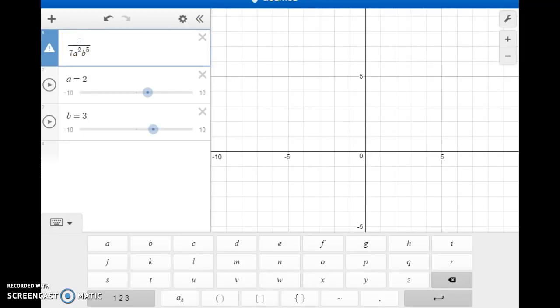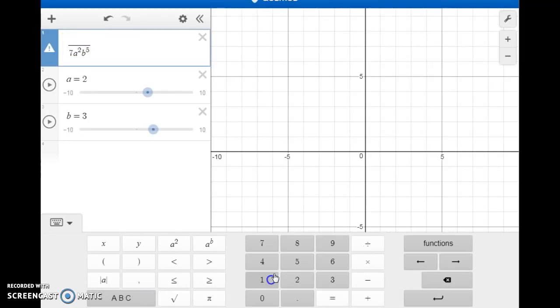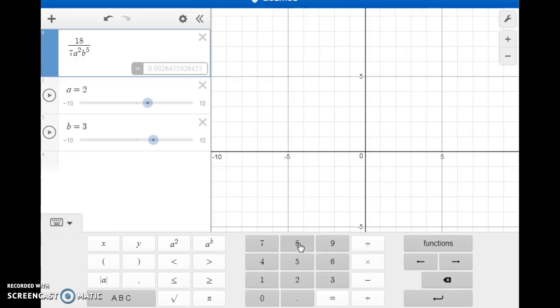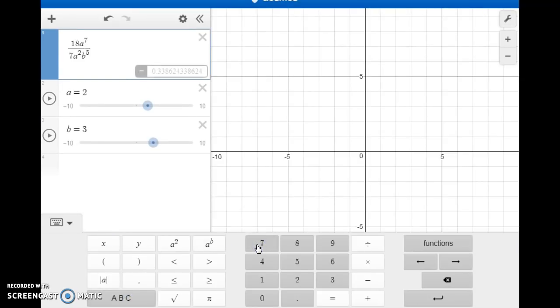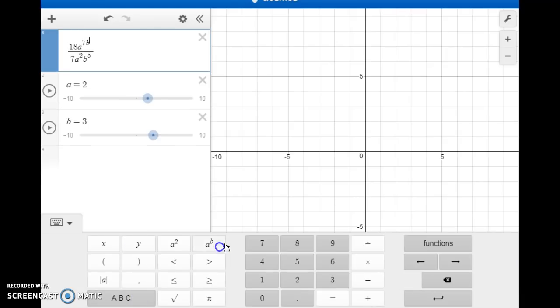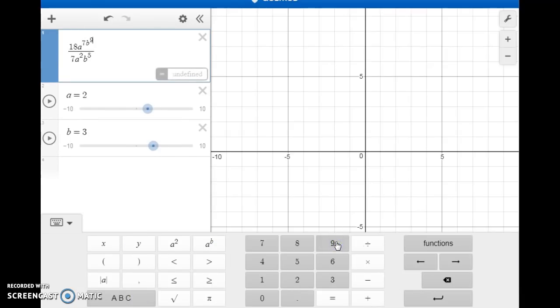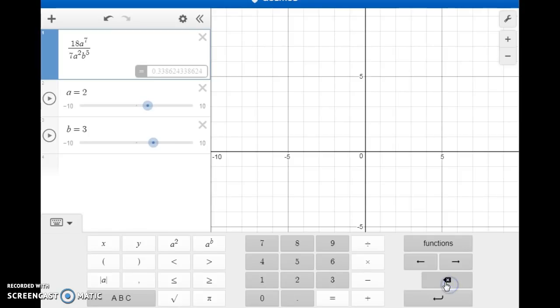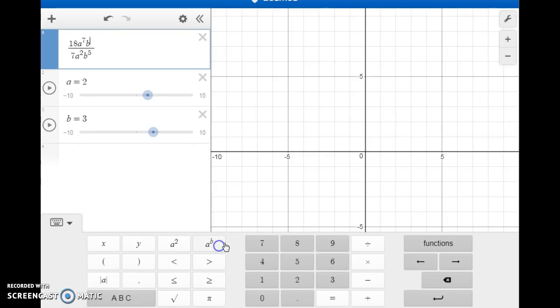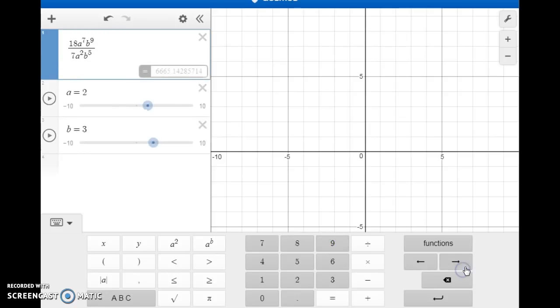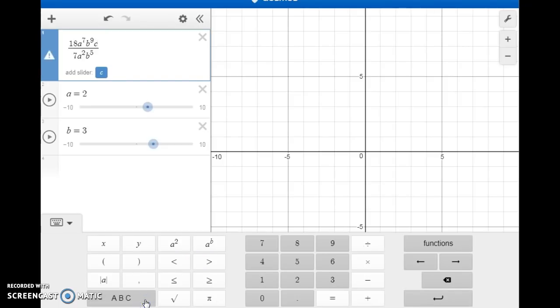So I have 18 a to the 7, b to the 9, and then c to the negative 12.